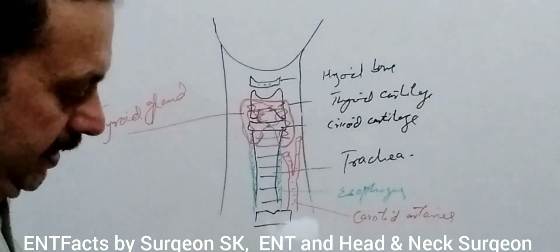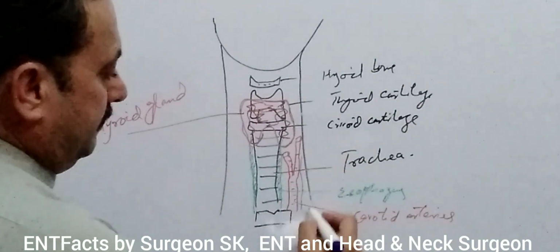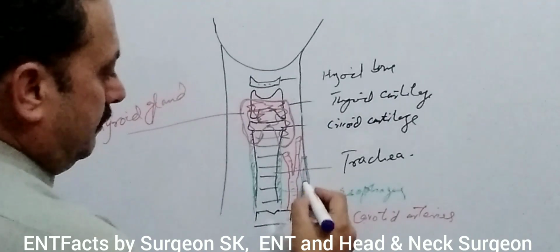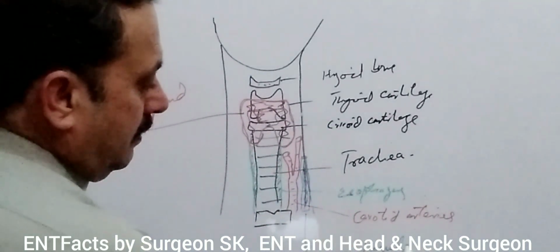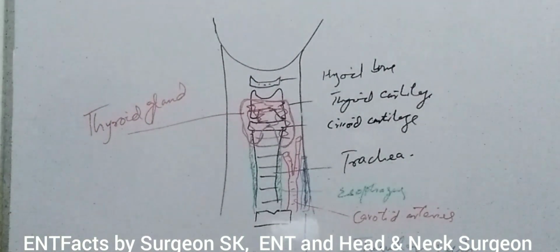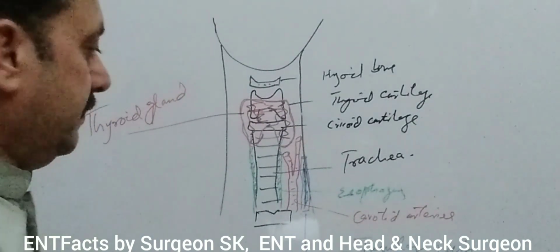Here, just lateral to that, is the jugular vein. Internal jugular vein bleeding may cause death of the patient.